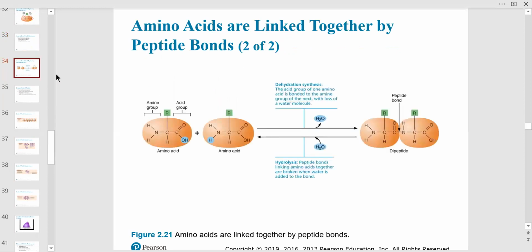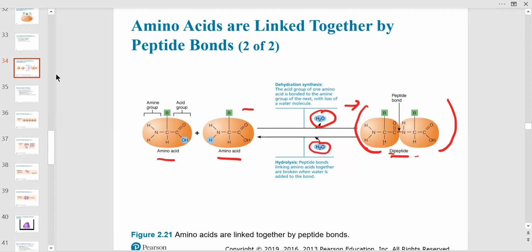So here we go again with the monomers, 2 amino acids put together, making one dipeptide. That's what we call 2 amino acids bound together. And if we go from left to right, that's an anabolic reaction. We lose a water. That's dehydration synthesis. If we take a dipeptide or even a protein or a polypeptide and we break it down, every peptide bond that's broken, you have to add a water.